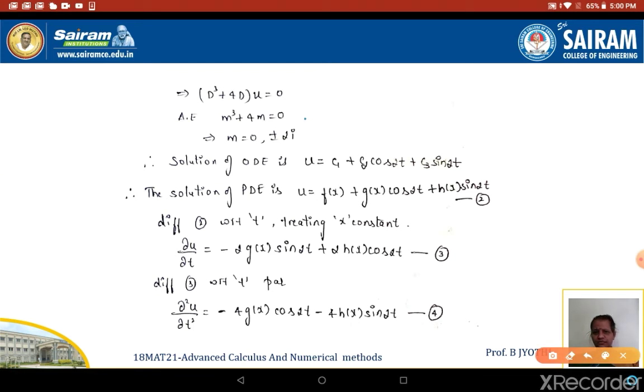When m is taken common, we will be getting m square plus 4 is equal to 0. Therefore m is equal to 0 and m square is equal to minus 4, and when we take the root of it, we will be getting plus or minus 2i. Hope it's clear.